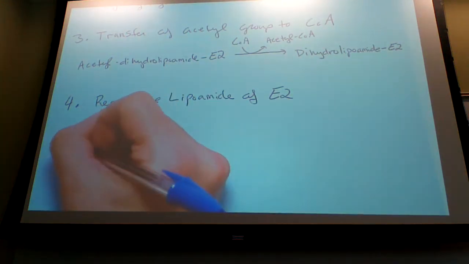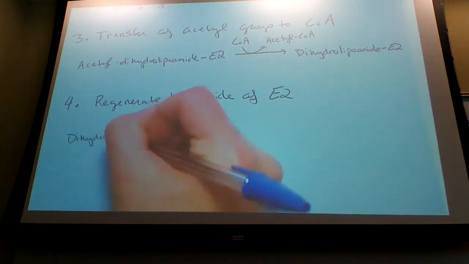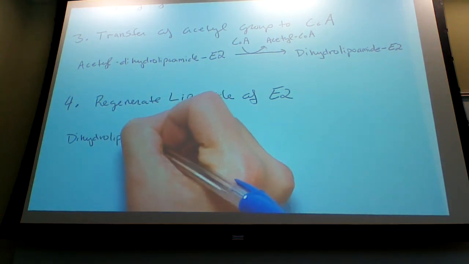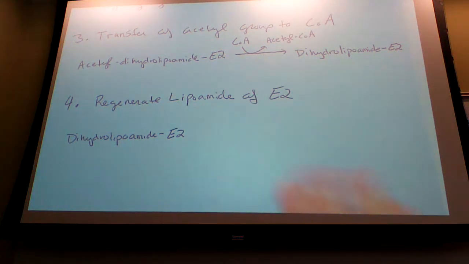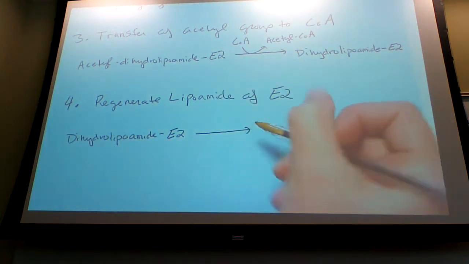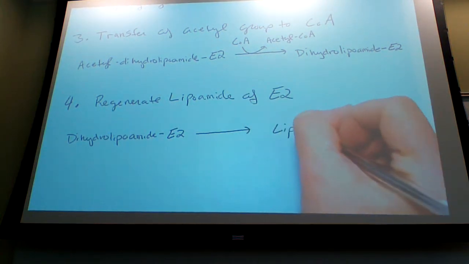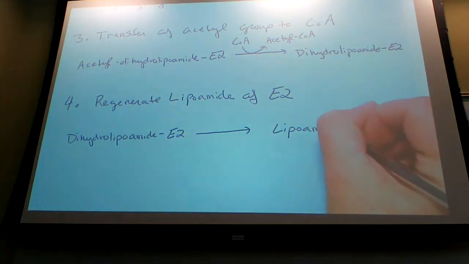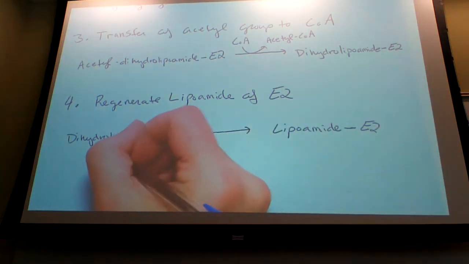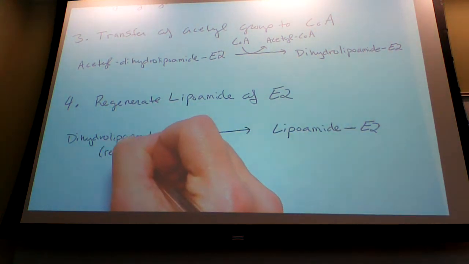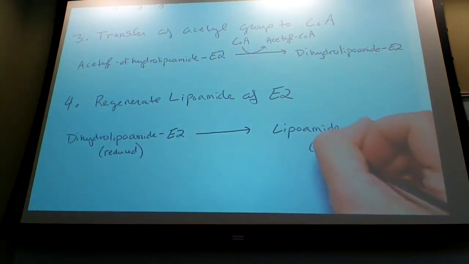And so my dihydrolipoamide, which is bound to E2, is going to be converted back into a lipoamide of E2. This is reduced. This is the oxidized form.